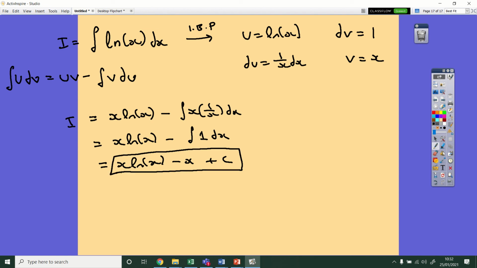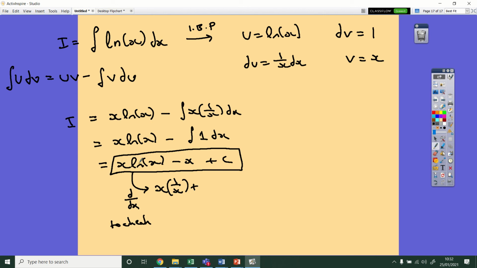Okay, and we kind of did it without really integrating ln of x at all. We differentiated it. Okay, but then as a check, we can check that this differentiates back to ln of x. And it should make what we've got. If I use the product rule on this, I'm going to get x times the derivative of ln of x, which is 1 over x.